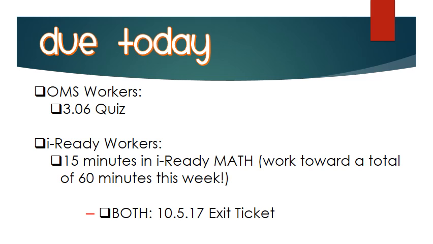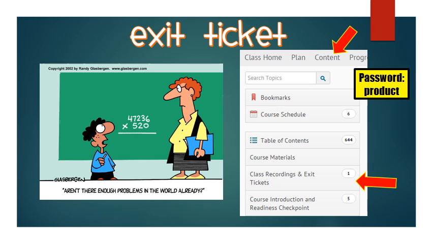And everybody needs to do the exit ticket, 10.5 exit ticket today. And here is that password for you. The password today is product. Make sure you go and take that little 1-question quiz so I know that you watched the video today and that you were participating by doing our Play Pause It.